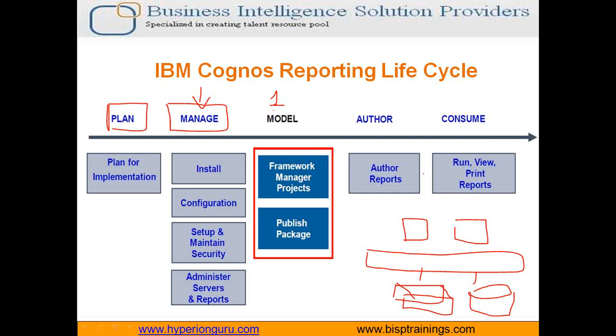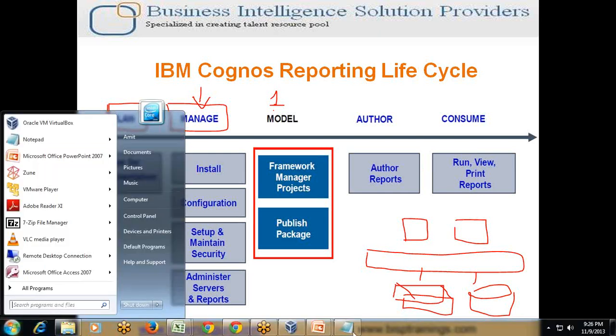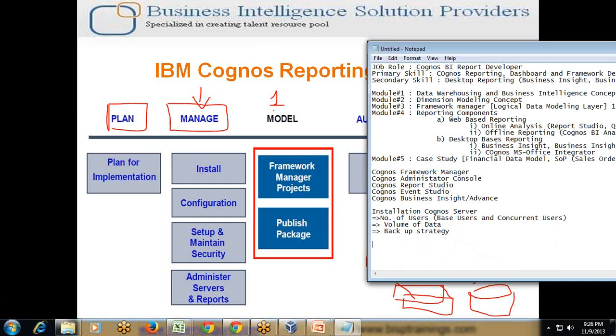Scheduling, like maybe you have a monthly sales report, your daily sales report, or event based, like whenever a certain event occurs, like when your actual sales is greater than target sales, an event occurs. So you have an event listener. So my event could be if my actual sales is less than my target sales.